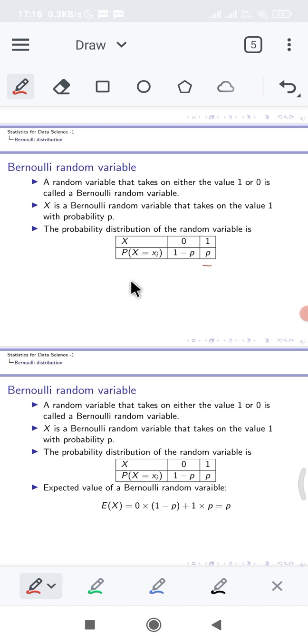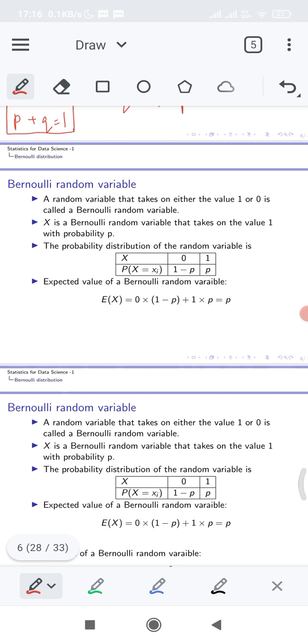Next is our expectation. So in a Bernoulli random variable, our expectation would be the sum of xi times p of xi, as there are only two values, i equals 0 to 1.